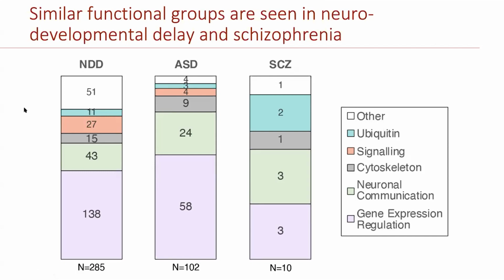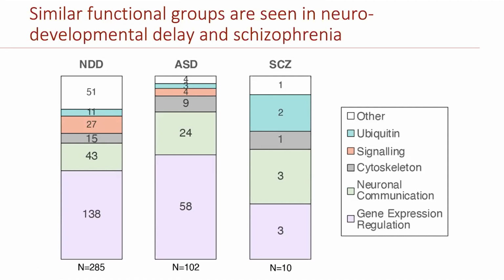So in some ways, this has actually simplified our question when we start thinking about the fundamental question, what is autism and neurodevelopmental delay and schizophrenia? We find that if you look at gene expression regulation and neuronal communication genes, and maybe signaling and cytoskeleton, that actually seems to capture most of the signal we've seen here.